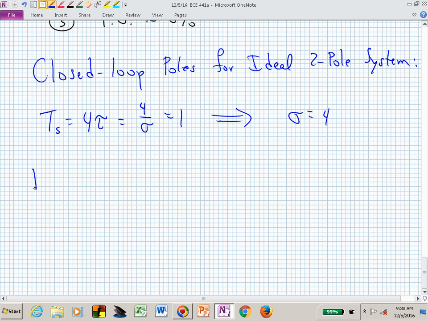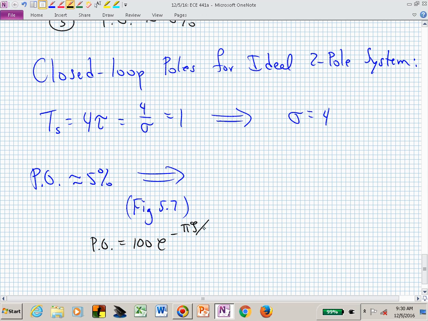What about our percent overshoot? Does everyone have figure 5.7 memorized? The percent overshoot is 100 e to the minus pi zeta over the square root of 1 minus zeta squared.